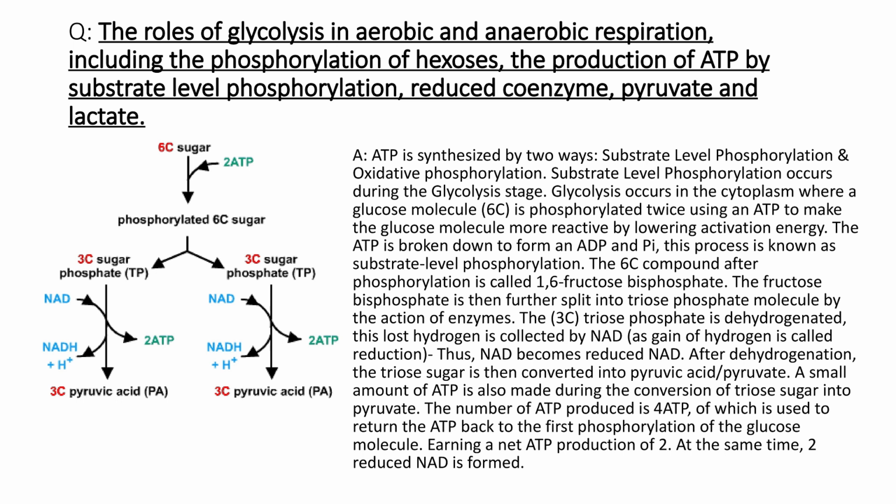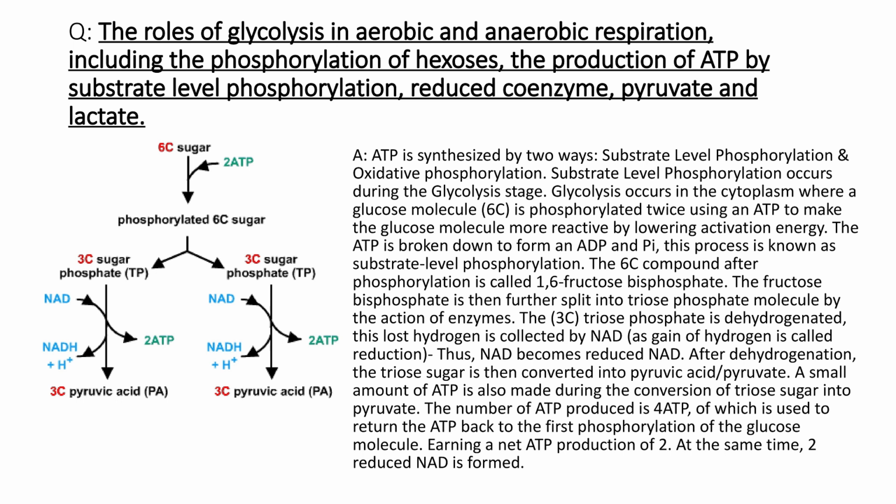This hydrogen atom is collected by a coenzyme called NAD, and as the triose phosphate loses a hydrogen, it is oxidized, and as NAD gains a hydrogen, it is reduced. So it is called reduced NAD or NADH. After dehydrogenation, the triose sugar is converted into pyruvic acid or pyruvate.